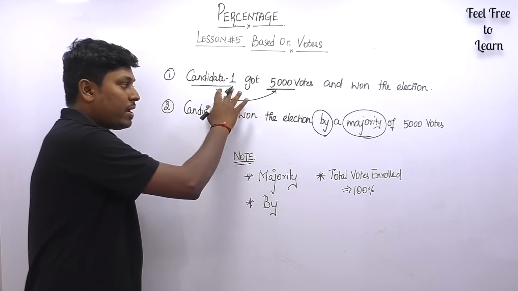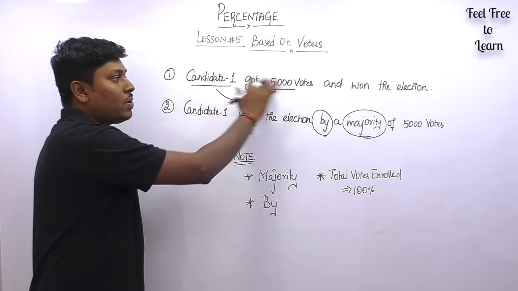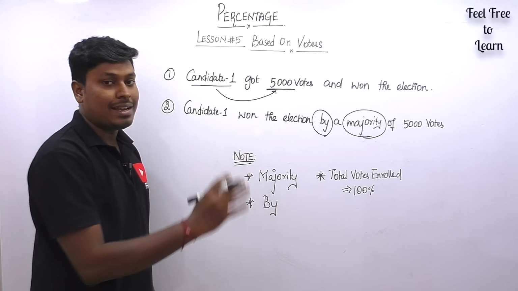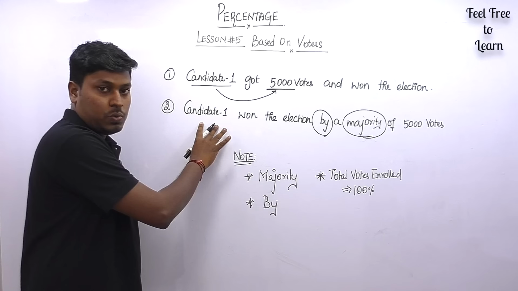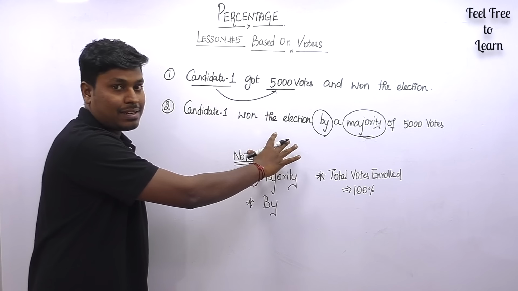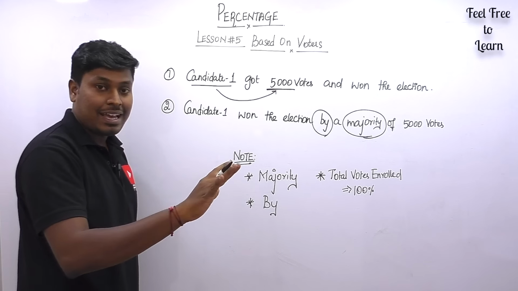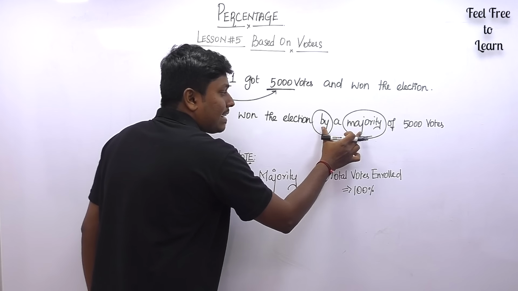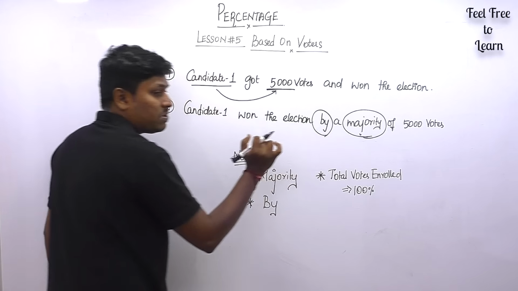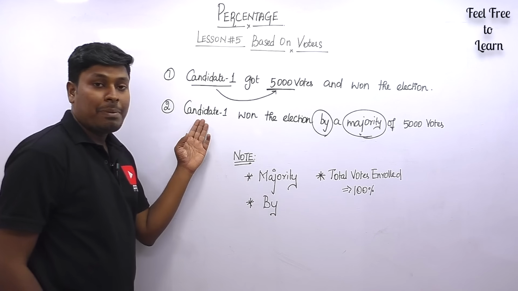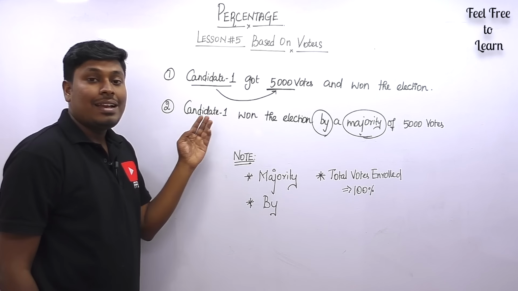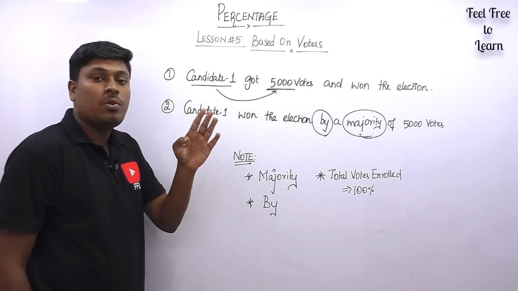So these are the two most important words. Listen carefully. In point number 1, candidate 1 got 5,000 total votes and he won the election. But in point number 2, candidate 1 won the election, but we don't know how many votes candidate 1 got. But listen carefully, he won the election by a majority of 5,000 votes, which means when compared to the other candidate, candidate 1 got 5,000 votes more.